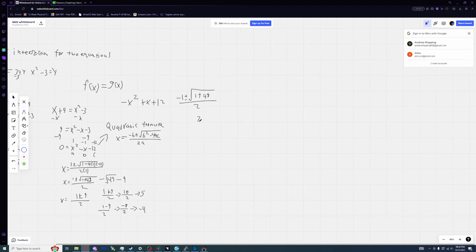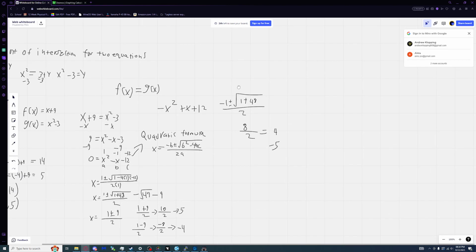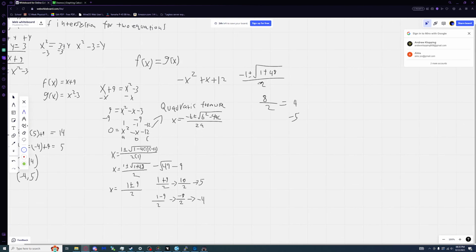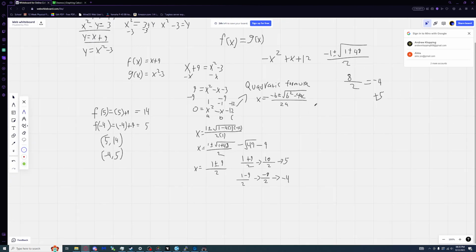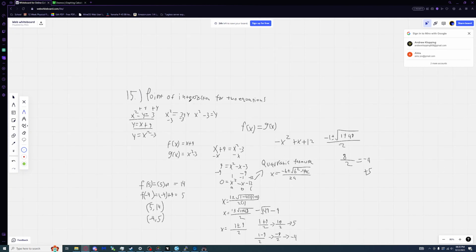So adding the 9, we get 8 over 2 equals 4. Subtracting it, we get negative 5. Although that doesn't make sense. Negative 1 plus or minus 9, adding 9, we get 8. Subtracting it, we get negative 5 over 2. Except it's negative, so it's still negative 5, and this is still positive, which will give us the exact same thing. So what am I doing wrong here?